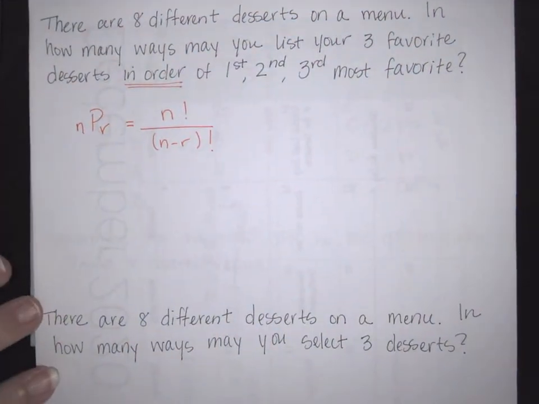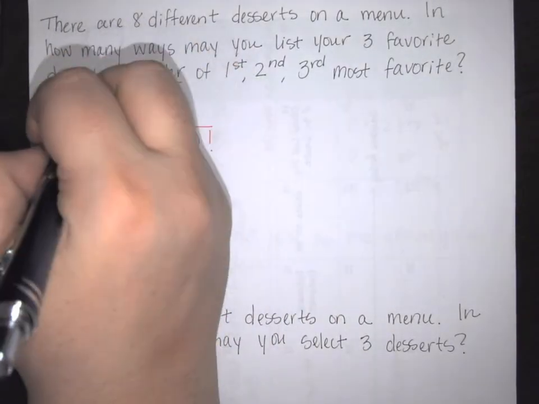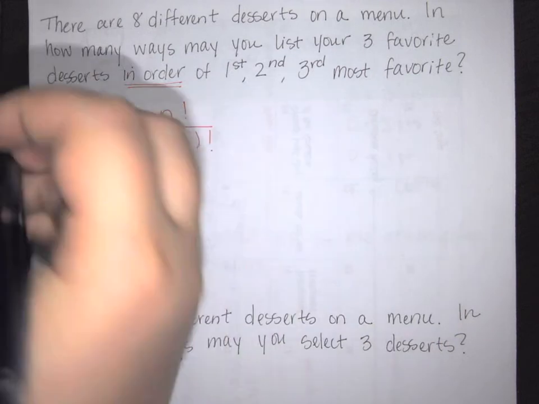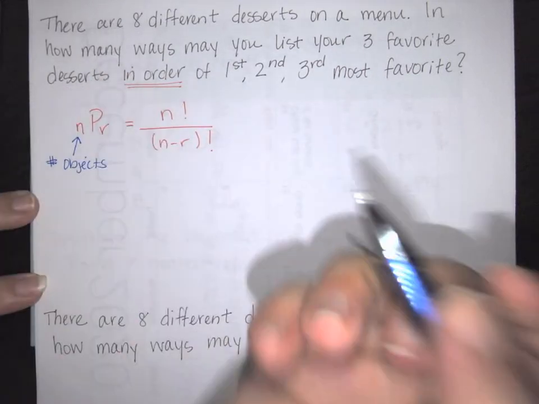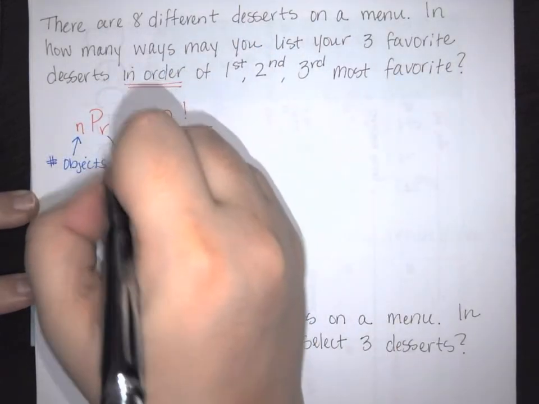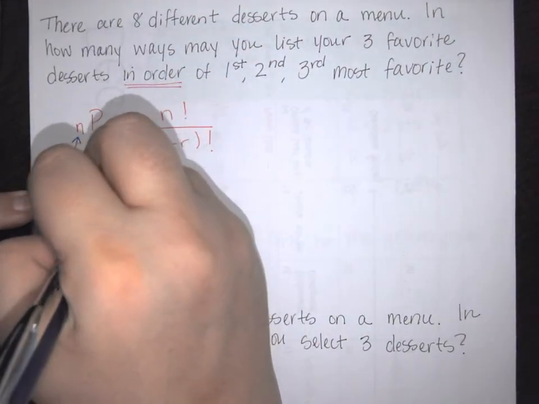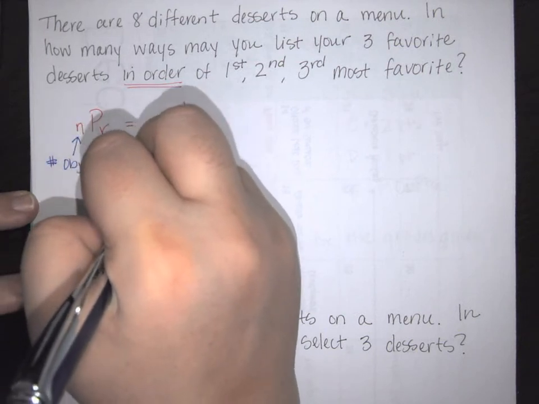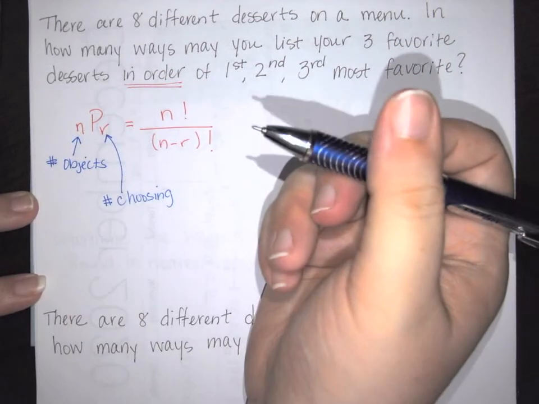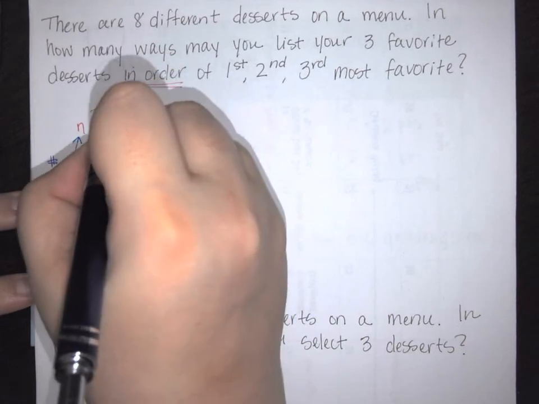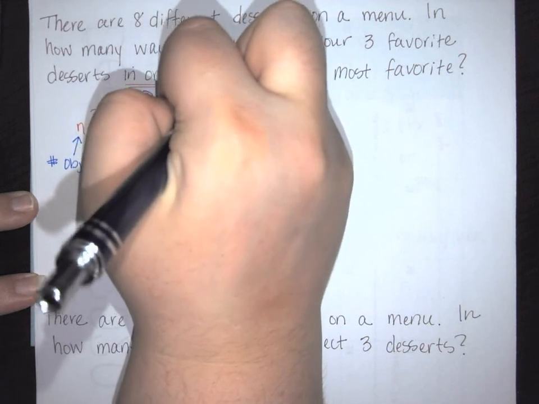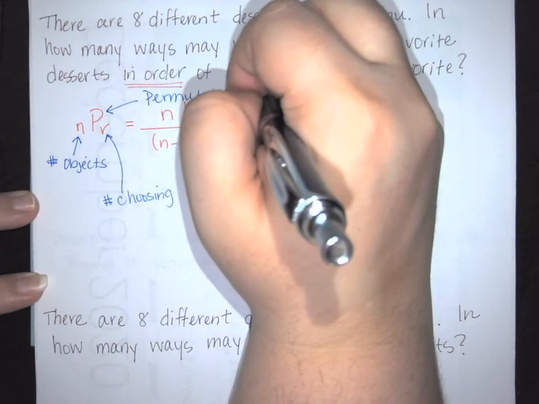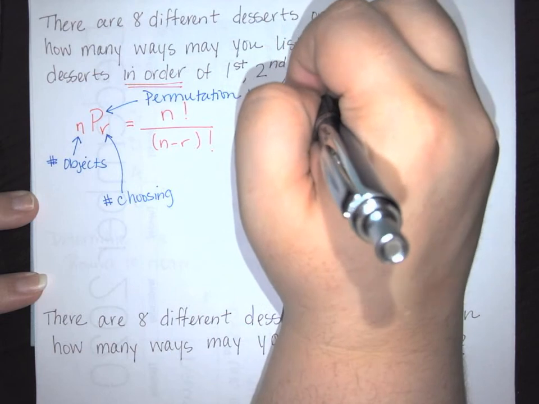Okay. Now with that, we have to know what's going on. So in this case, we have n being the number of objects, and we have that my r is going to be the number I'm choosing, and in this case my p stands for permutation, which means that order matters.